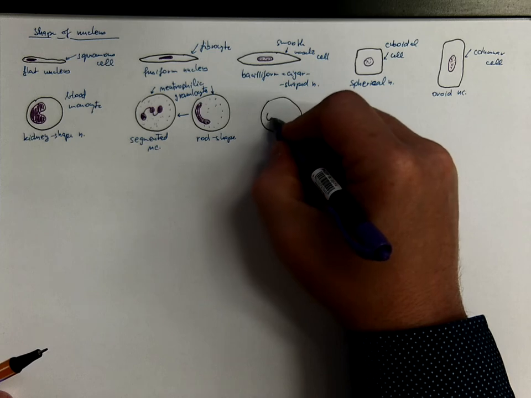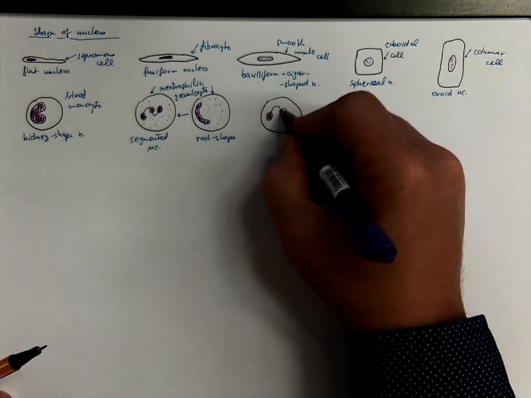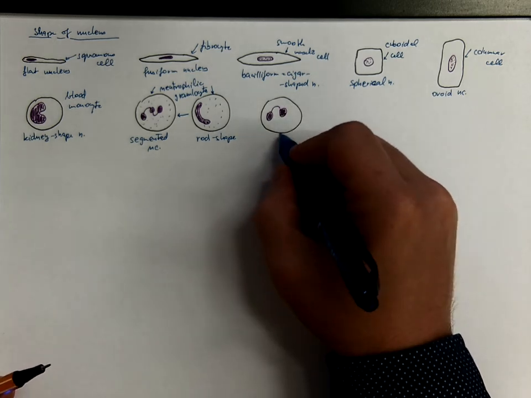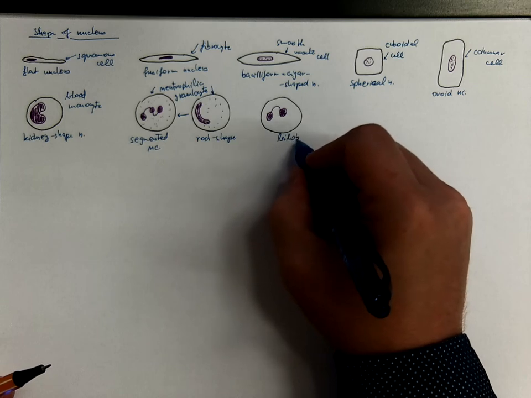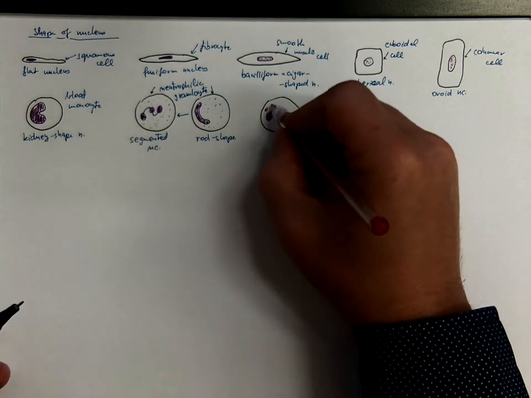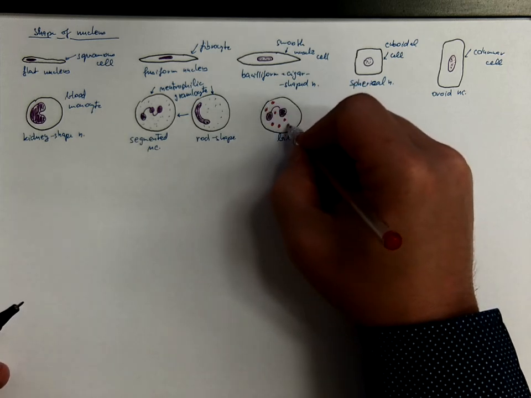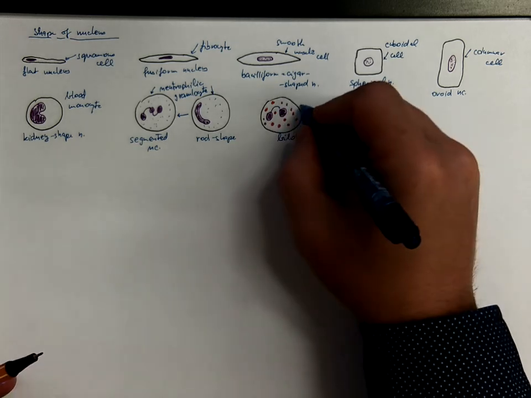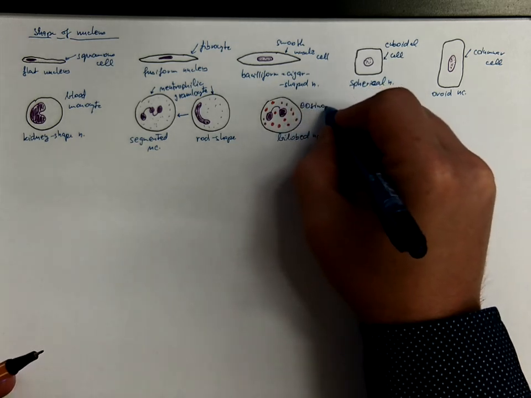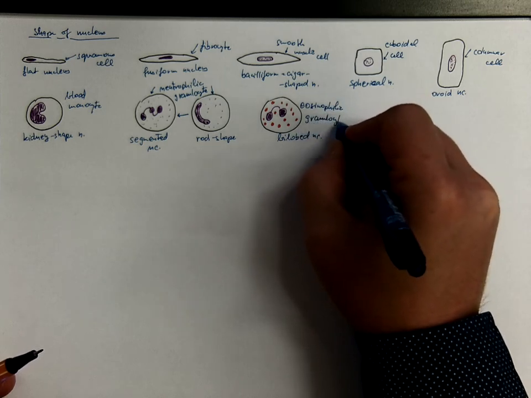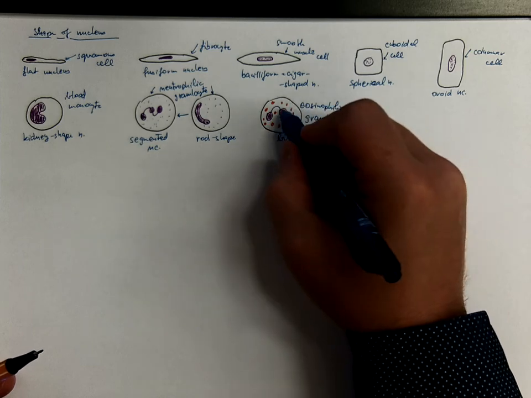Some other cells, like eosinophilic granulocytes, have the typically bilobed nucleus. In this case, I will add the large reddish eosinophilic granules, so we will remember that the eosinophilic granulocyte has got these 2 nuclear segments.